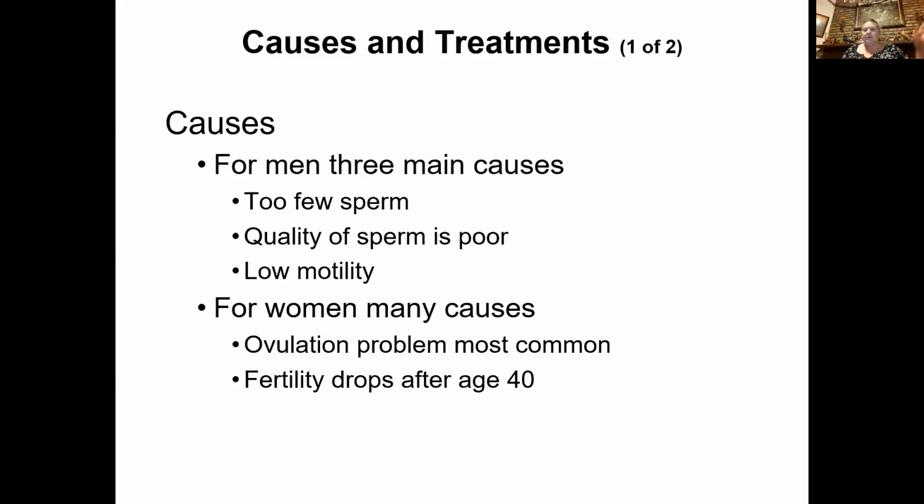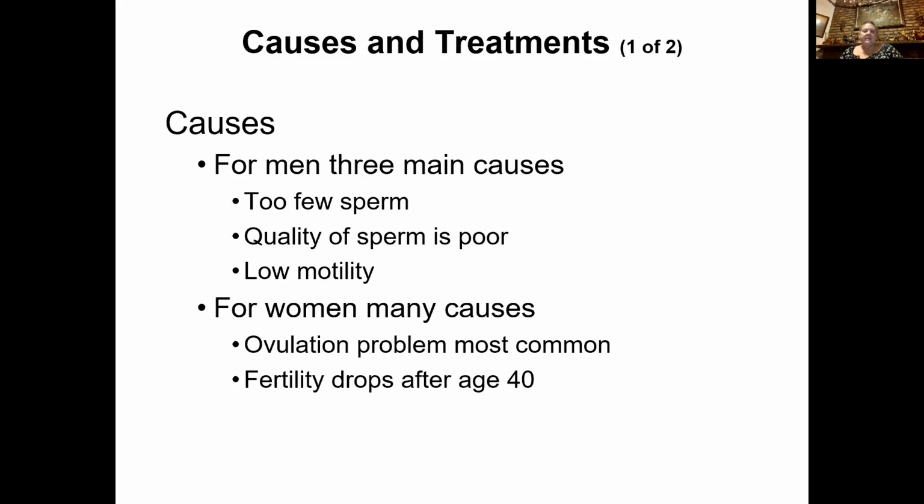They'll just kind of be stuck in the uterus and not be able to get up there and fertilize the egg. The quality of the sperm is poor. Maybe we have sperm that is just not very strong, just like weak sperm. And then low motility, too few. And we already addressed that when we talked about how men are affected with age.